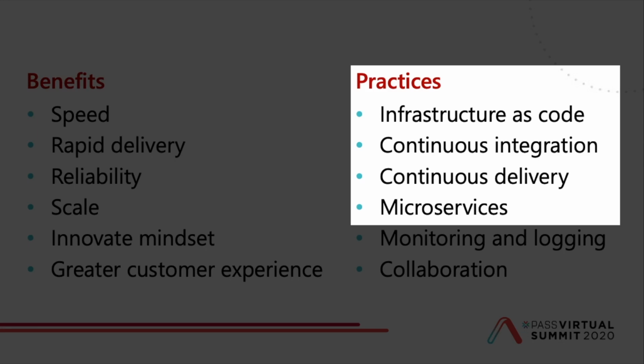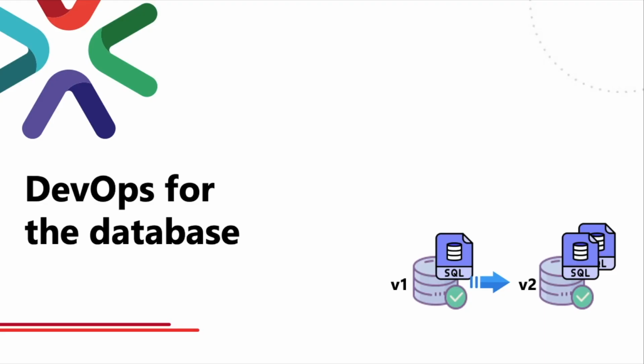This is the ability to get changes of all types, including new features, configuration changes, and bug fixes into production. Finally, microservices. This is an architectural style that structures an application as a collection of services that are highly maintainable and testable.